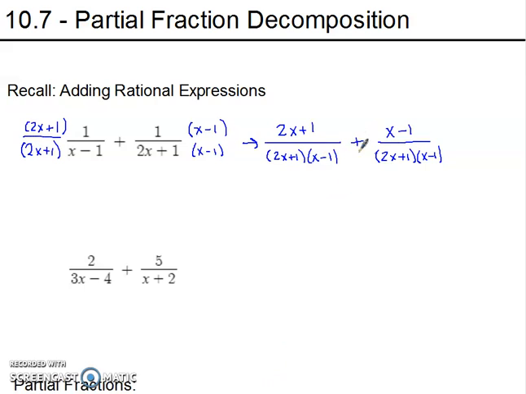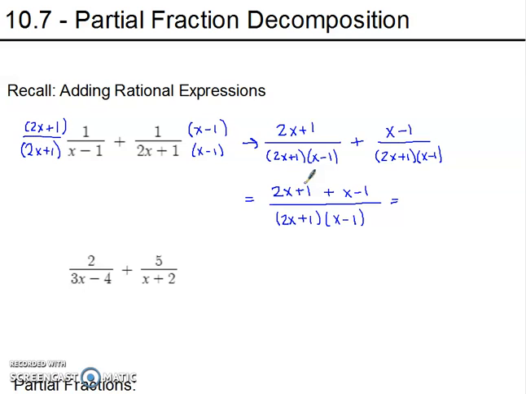Now that I have a common denominator, I can add the numerators. So in the numerator of the fraction, I've got 2x plus 1 plus an x minus 1 over my LCD, which is 2x plus 1 times x minus 1.